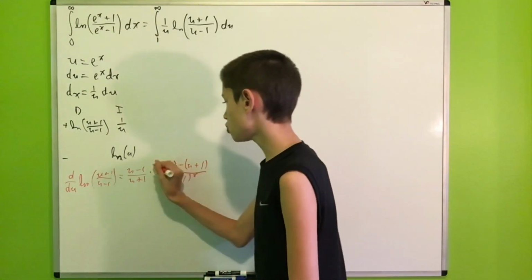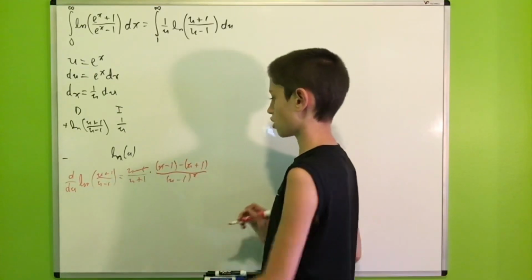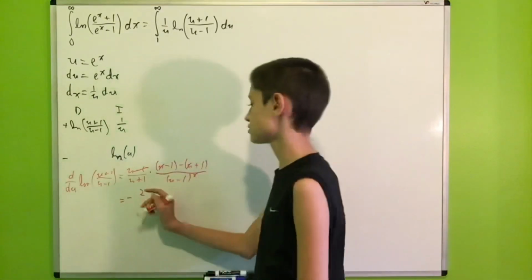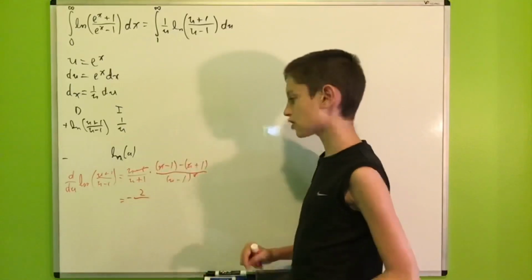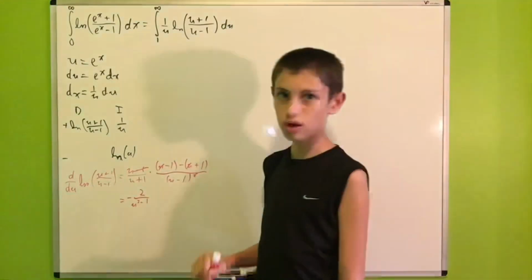And now u minus 1 is going to cancel out. These two u's are going to cancel out. And we'll be left with negative 2 on the top. And in the bottom we have a difference of two squares, u plus 1 times u minus 1, which is simply u squared minus 1.